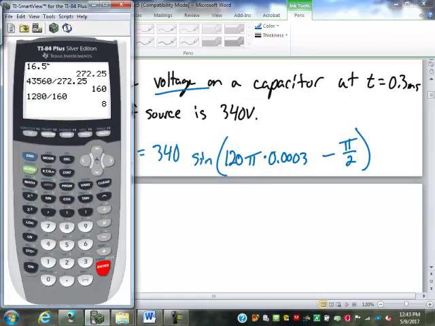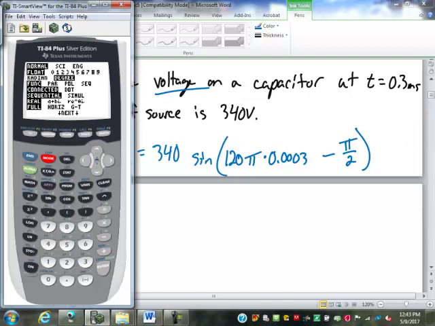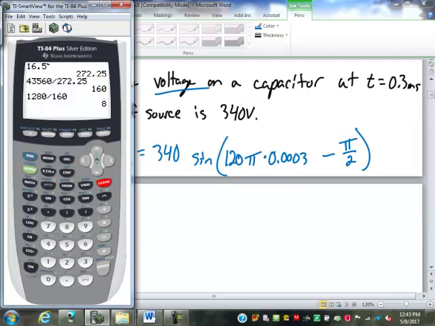First thing we have to do is make sure our calculator is set to radian mode. So make sure you know how to do that on your calculator. I'm going to double check it by doing sine of pi to make sure that it comes out to be 0. And it does. RAD on your calculator, yep.